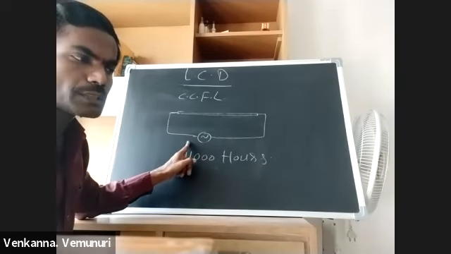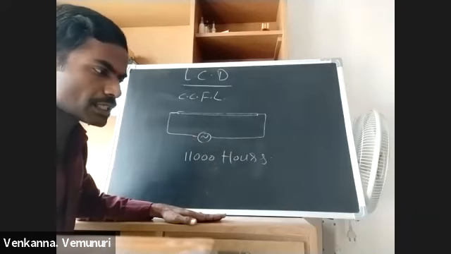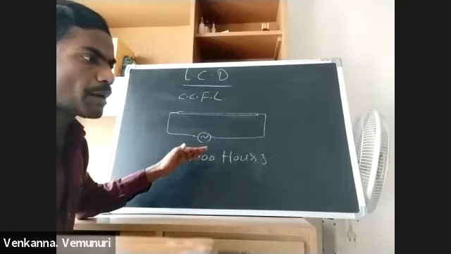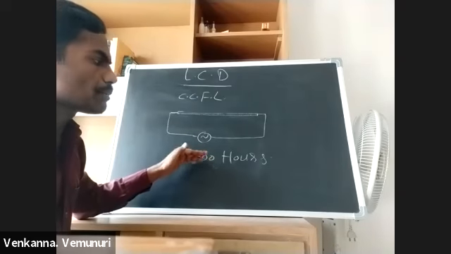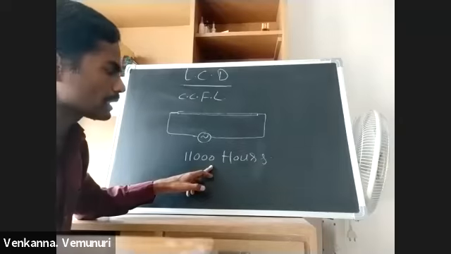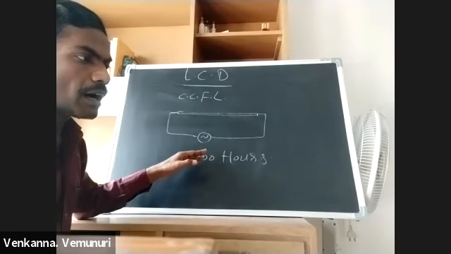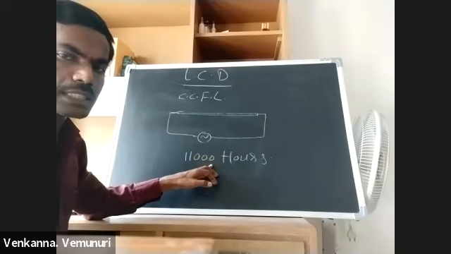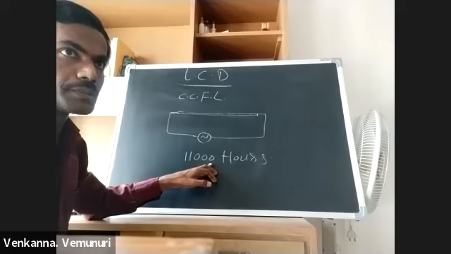For that AC voltage we use the inverter section, and compared to an LED monitor, the LCD monitor manufacturing cost is higher, because they additionally attach an inverter section, and that inverter section cost is very high.